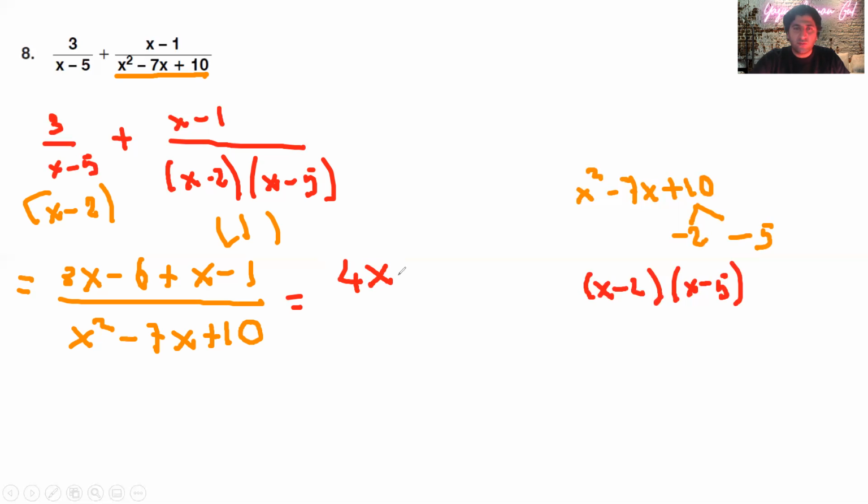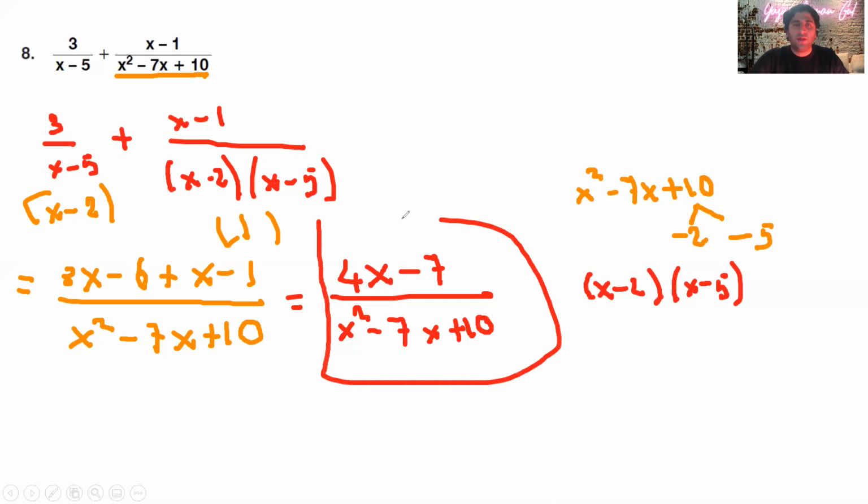Negative 6, negative 1 will be negative 7 over, this is a trinomial, I have x squared minus 7x plus 10, and this is going to be my answer. Okay, this was the last question. Yeah, that's it.